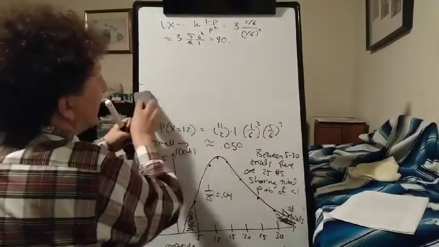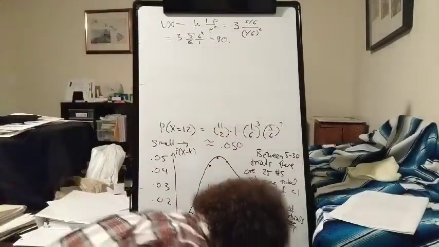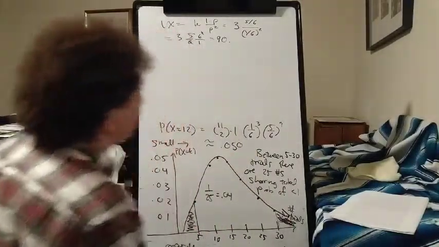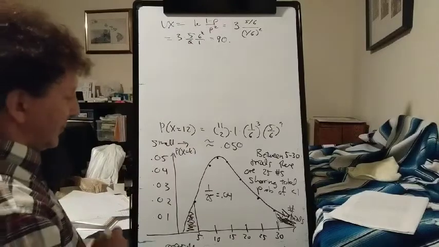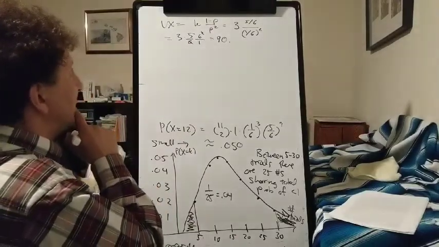All right, now let's look at another variation on the negative binomial random variable. That's a very related question that we could answer with negative binomial random variables.